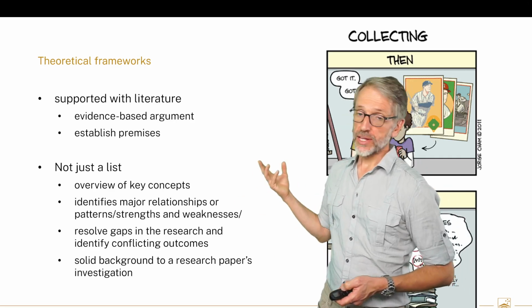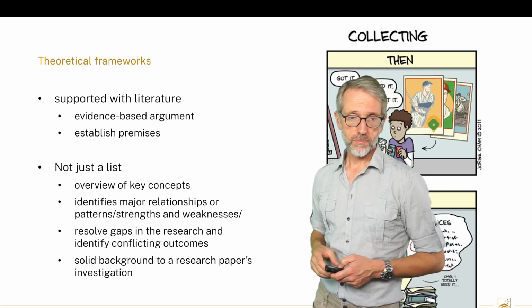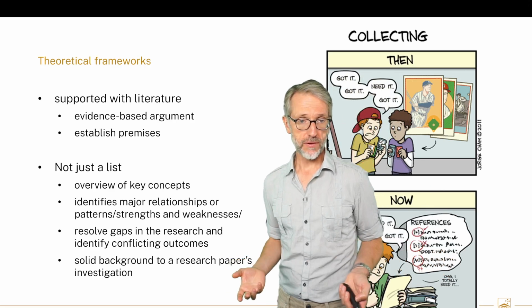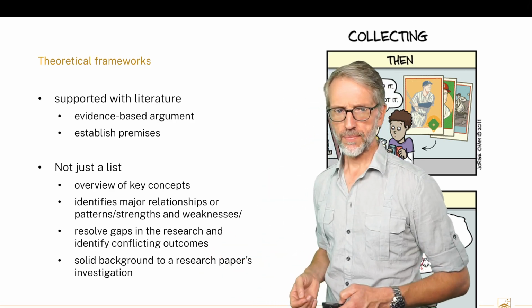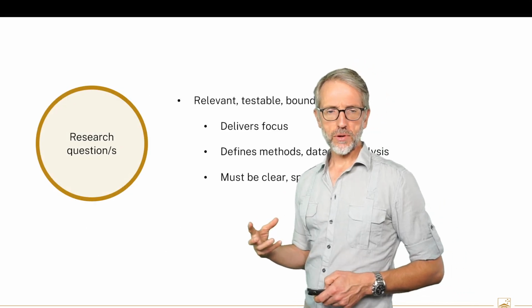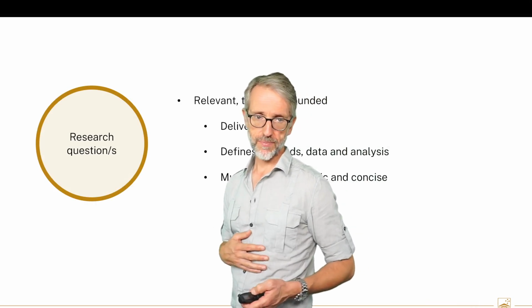Now, without that literature review, again, there is no basis for proceeding. What do you do in a field in which there's very little literature? Well, you do what you can. So the literature review is a key part, but it needs to be more than just a list.